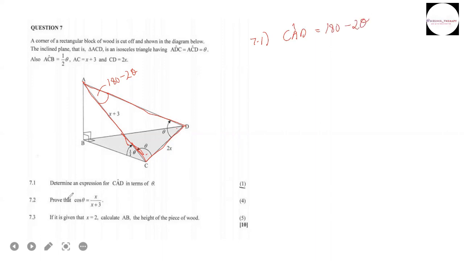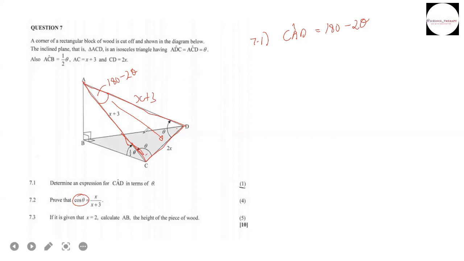Right. Then 7.2 says prove that cos theta is equal to x over x plus 3. So we can just go ahead and use the same angle that we just calculated here, and then calculate the value for cos theta. So how are we going to do that? We're going to use the sine rule. So this to that, and then if this is theta, this can also be expressed as x plus 3.